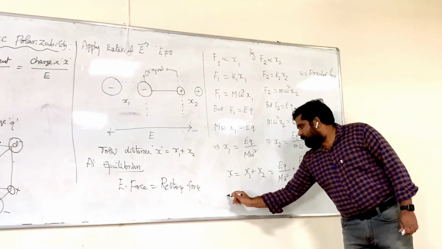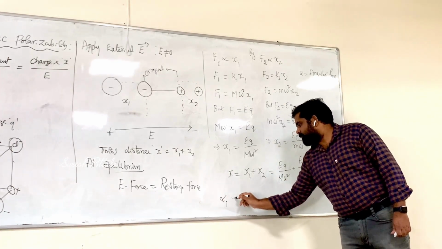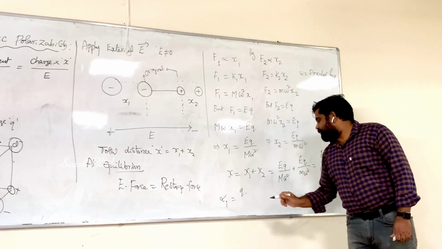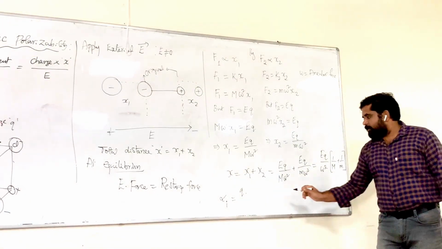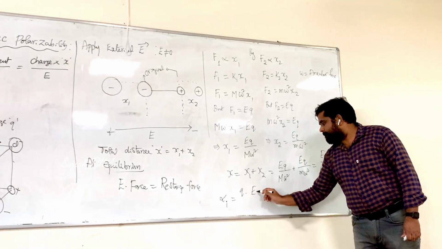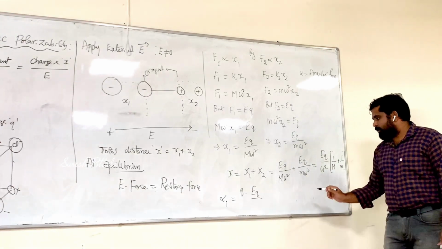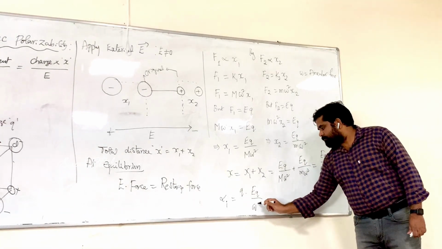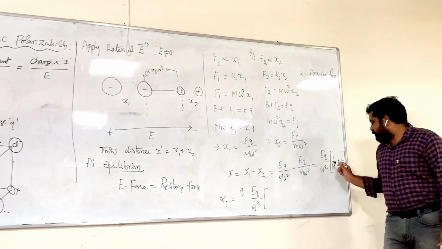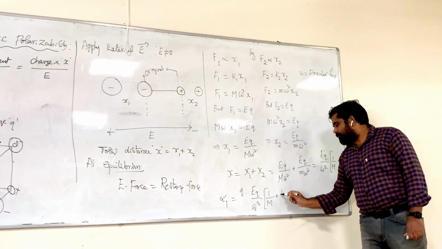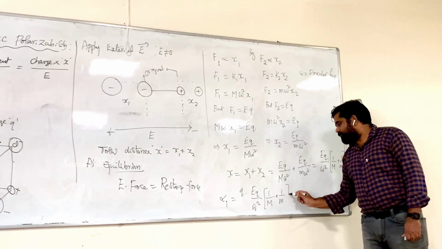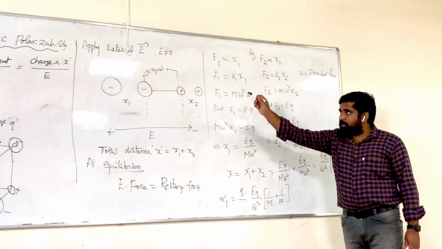Alpha I is nothing but my charge q into my distance x divided by the electric field.